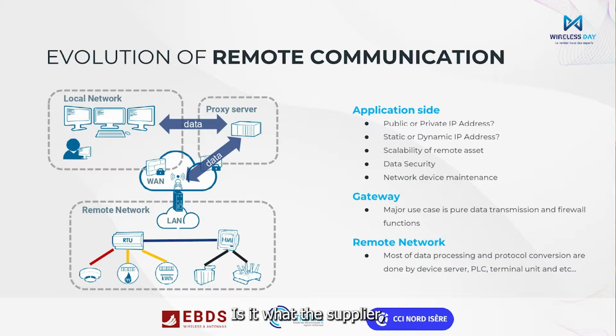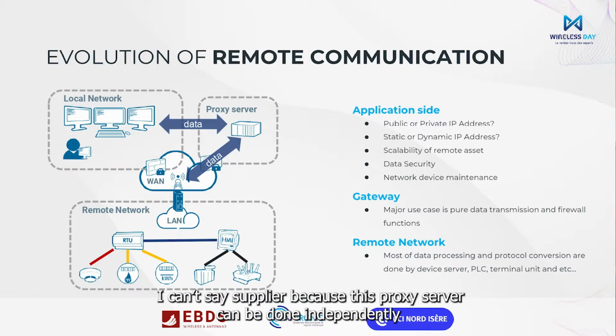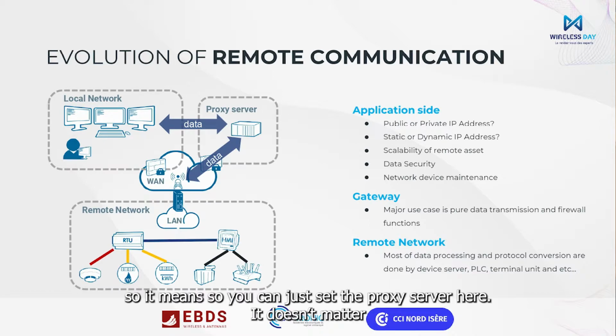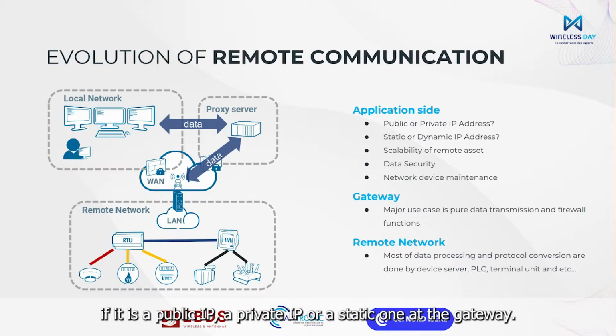I can't say supplier, because this proxy server can be done independently. You can just set the proxy server here, and it doesn't matter whether it's a public IP, private IP, or static or dynamic IP address at the gateway. The communication can go through the proxy server, which acts as the contact window for the communication.